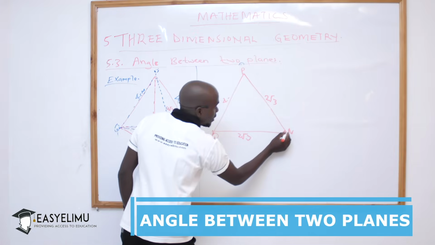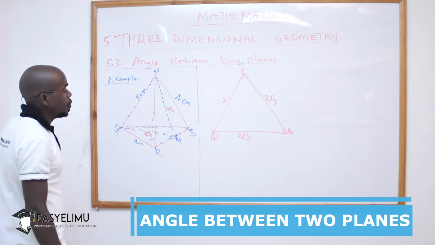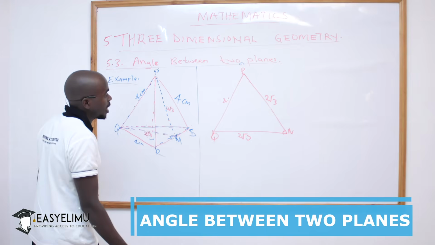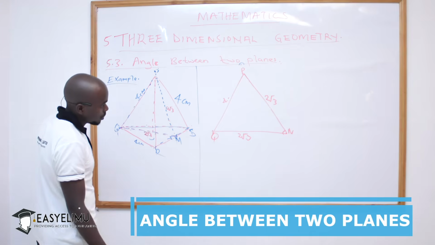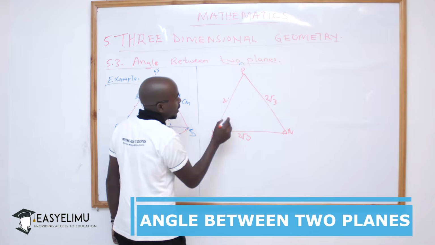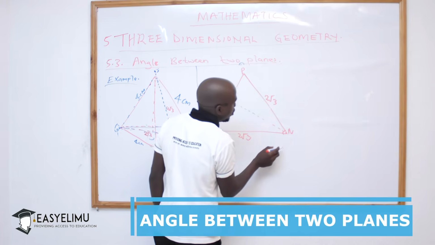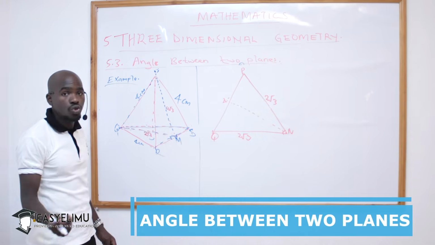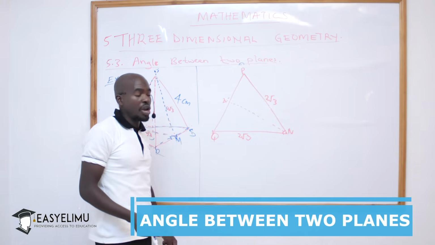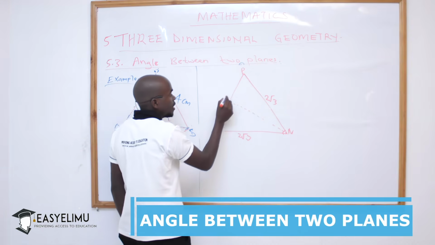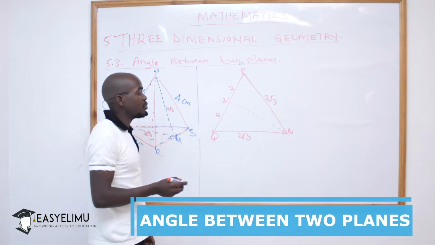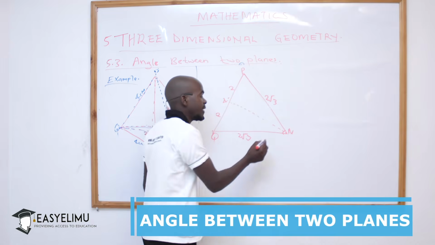So, in order to find this angle here, we use a different method whereby we cut this point here. Because it's isosceles, we cut it into 2 to get 2 right angle triangles, whereby this is 2 centimeters, 2 centimeters, and we use one of them to find this angle here.